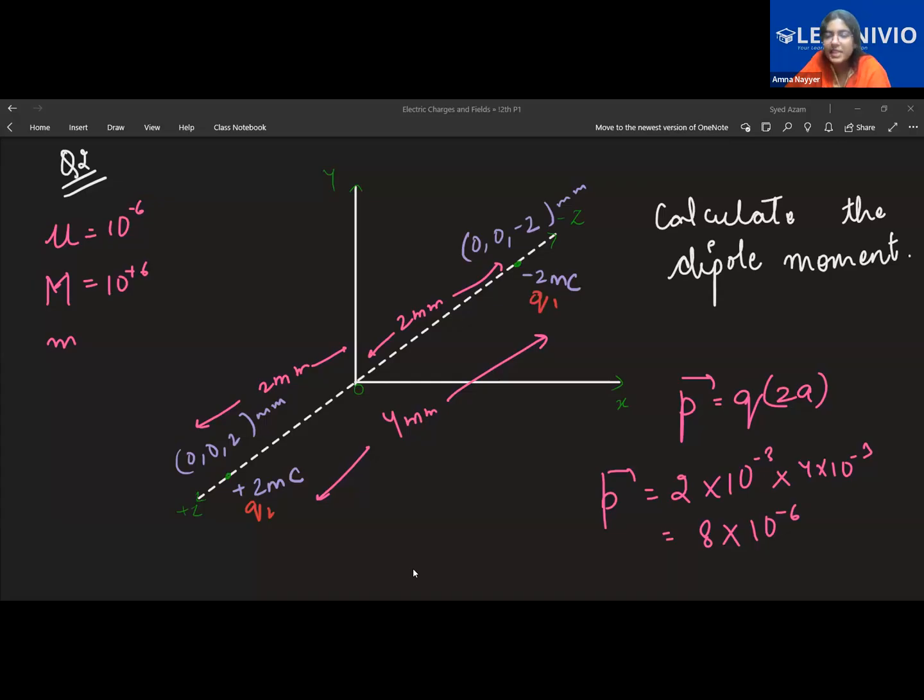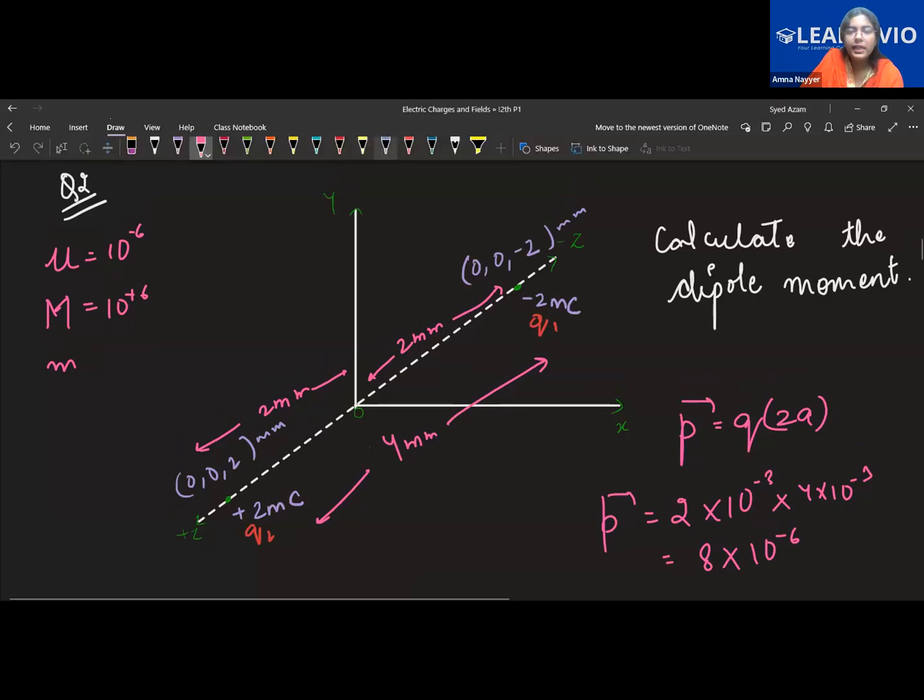Towards which axis, Jesslyn? Yes, so Shaima, you are right. Positive z-axis, from the negative to the positive charge. So when we are calculating, this will be the direction of the dipole moment.